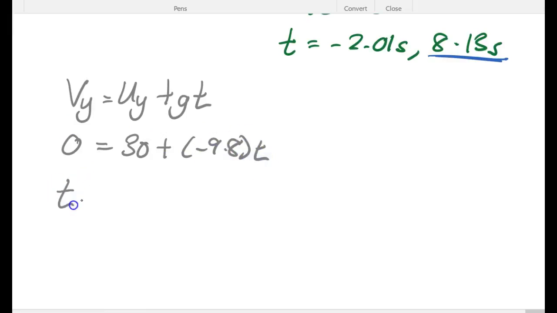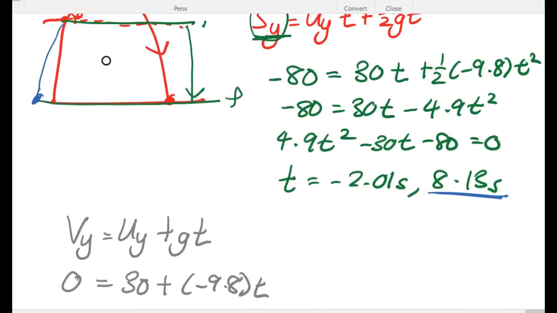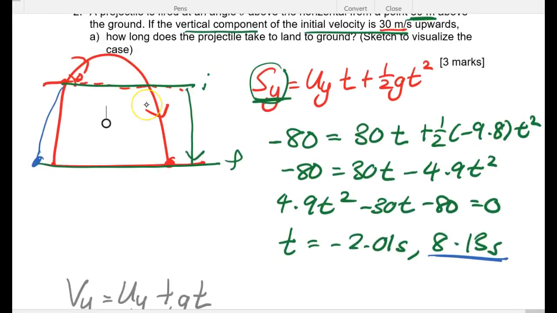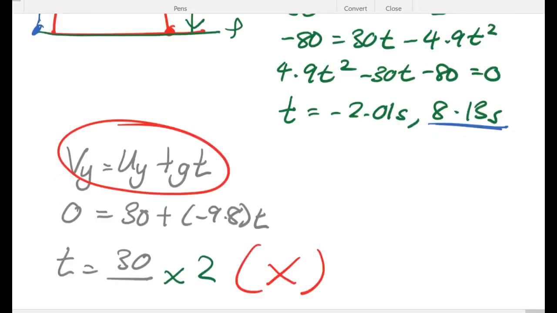Okay, when you solve the time here, and then you multiply by 2, this one is completely wrong. Why is it wrong? Look at the diagram, it's not symmetrical. If it's not symmetrical, this formula automatically will fail. So don't try to use it when it's not symmetrical. Please bear that in mind.